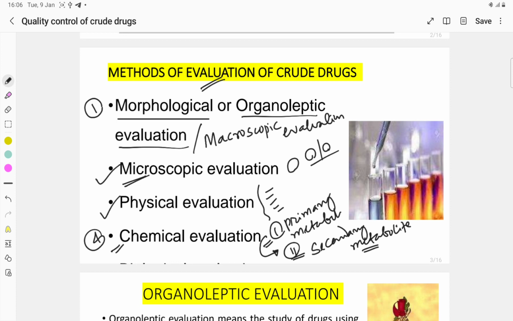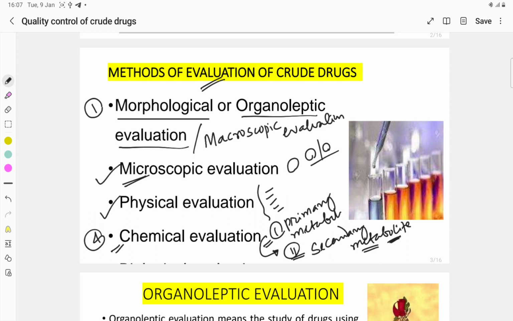Why? Because the crude drug contains the secondary metabolite, which is our interest. So these secondary metabolites can be identified by adding certain chemicals, and the observation guides us to know what type of chemical constituent is present in the crude drug. That is called chemical evaluation.